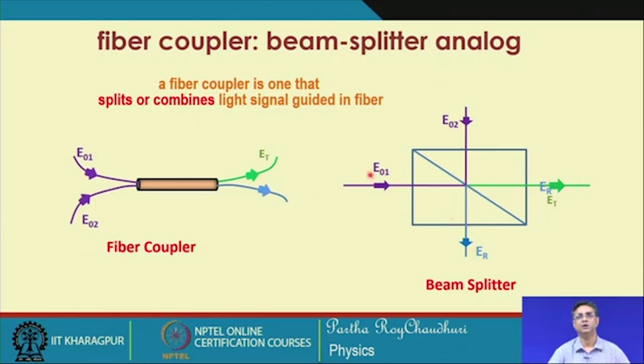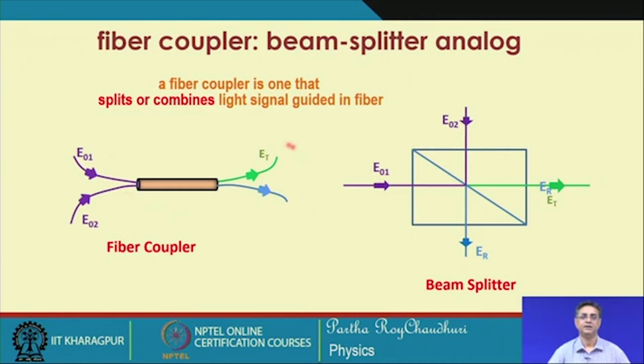So, you have two inputs, E01 and E02. When you have this input, you can have a reflected output and a transmitted output. Similarly, if you have this input, you can have a reflected output and a transmitted output.